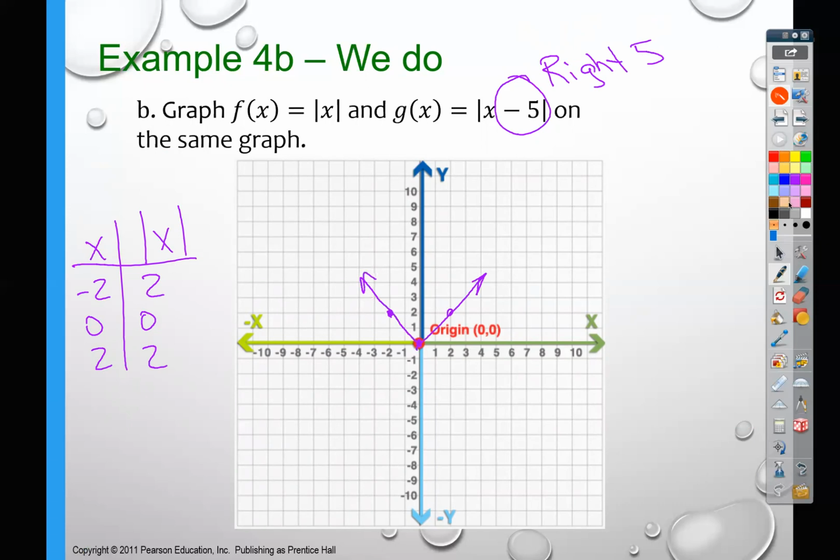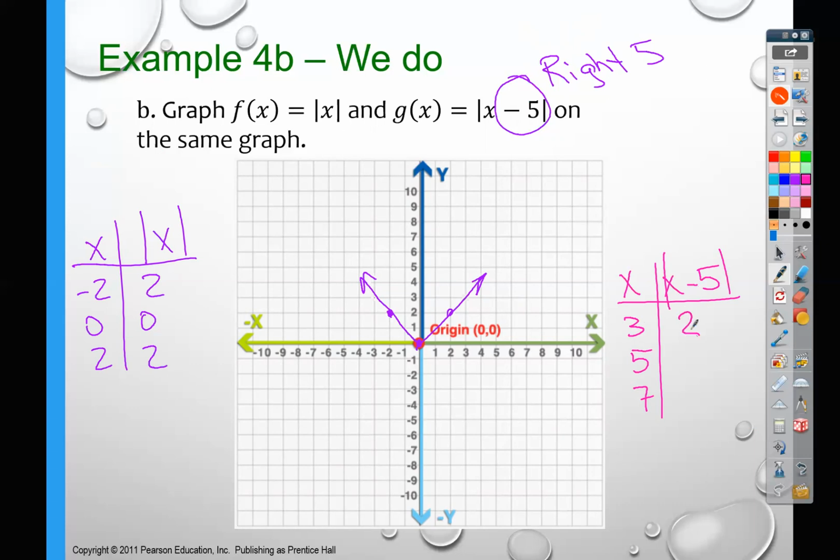But I really want to show you what happens when you translate it to the right 5. So if I picked some numbers, remember I'm going to shift to the right 5. So instead of having my center number at 0, I'm going to have my center number at 5, and then put 2 numbers on either side of that. So 3 minus 5 is -2.